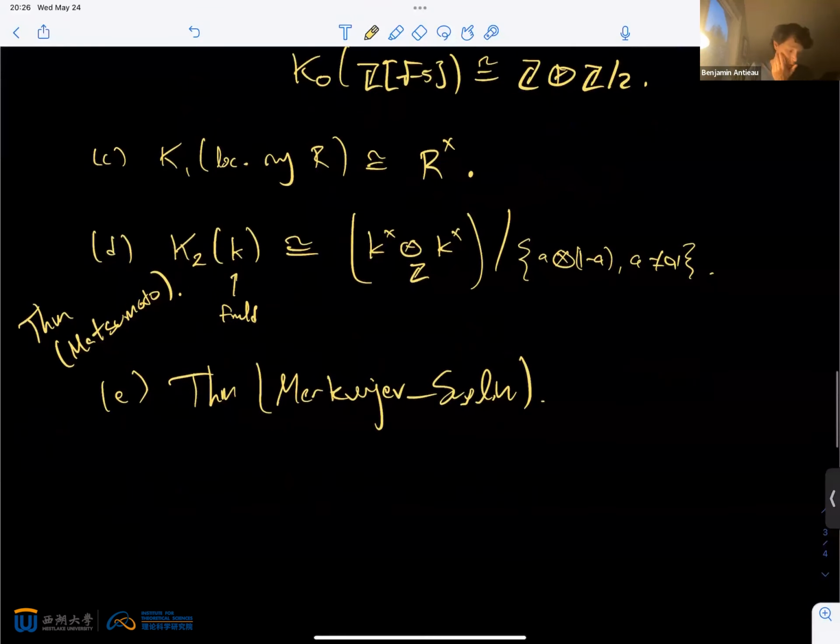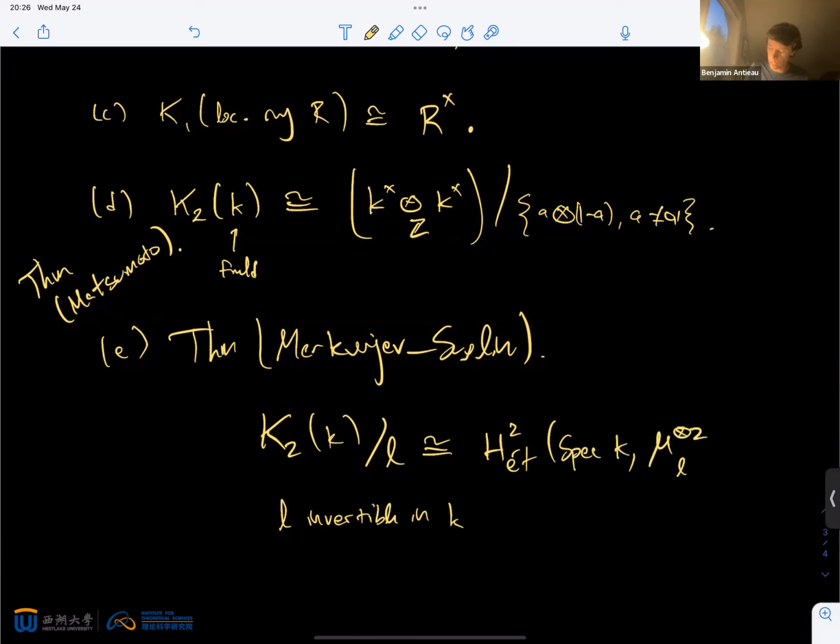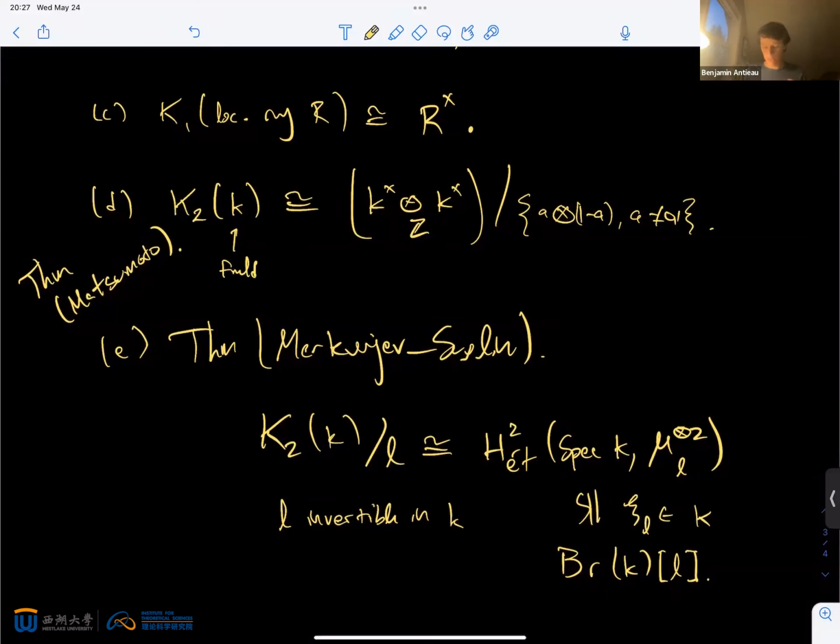It computes K2 of K modulo L when L is invertible in K. So if you like, you can think of K as having characteristic 0, so then this would work for any prime L. And this is actually always isomorphic to an étale cohomology group, Spec K, with coefficients in this second twist of mu L. And this is isomorphic, in the special case that K contains a primitive Lth root of unity, to the L torsion in the Brauer group. Okay, so that's kind of fun.